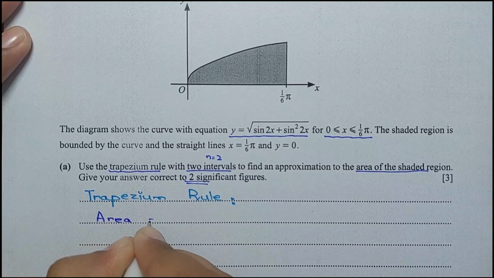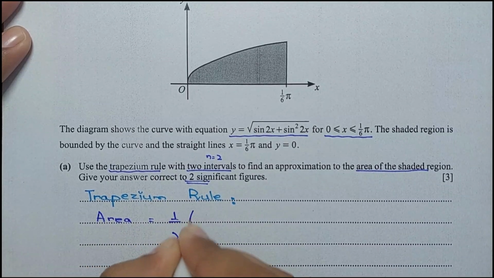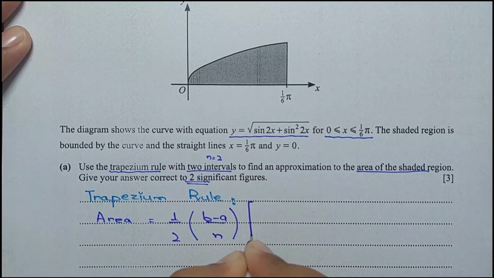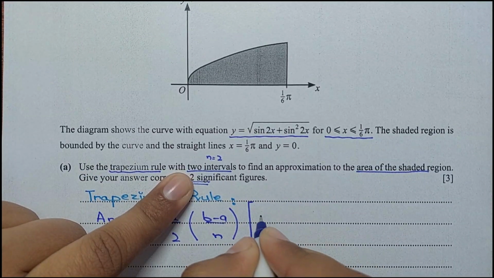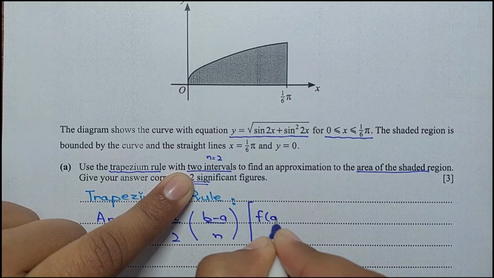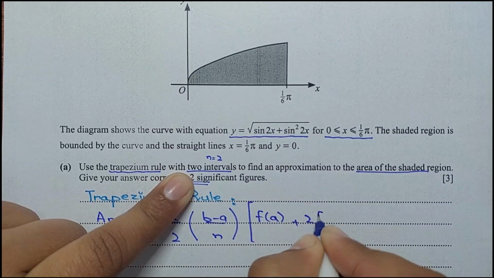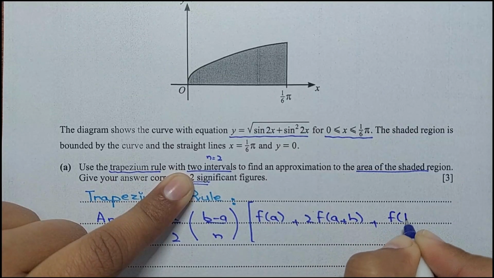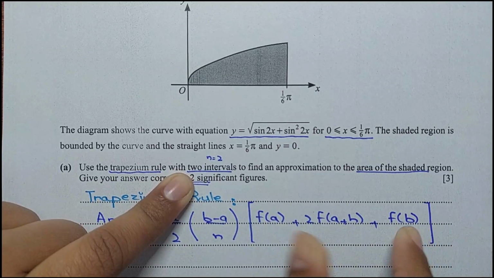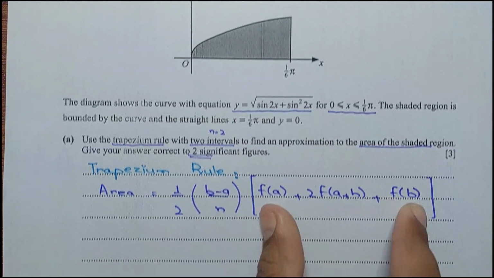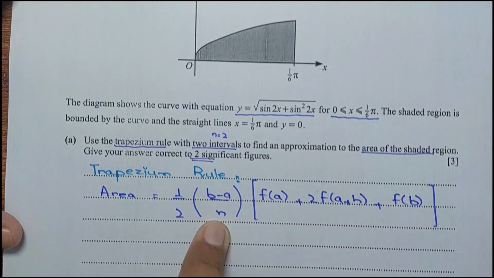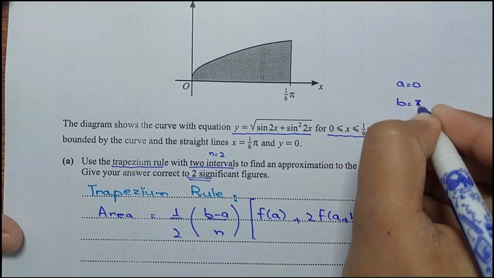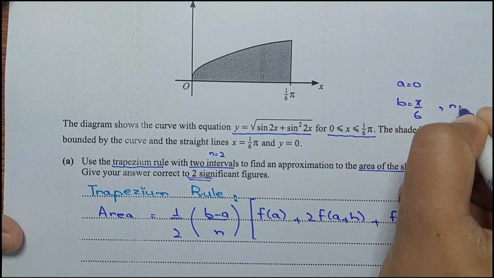So the area is 1 over 2 into b minus a over n into, we have two intervals, so we need the function value at a, plus 2 times the function value at a plus h, plus the function value at b. Two intervals means three values inside the bracket. So what are a, b and n? a is 0, b is pi over 6, and n is 2.